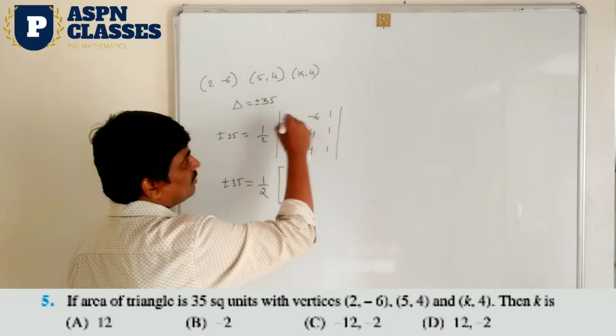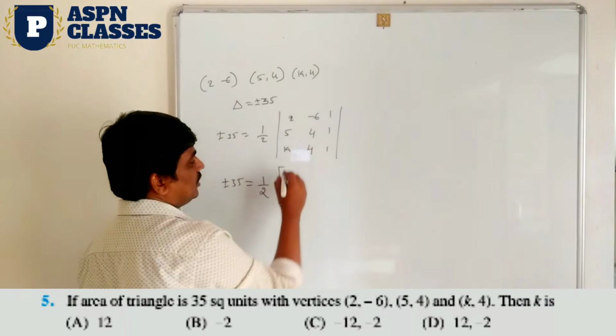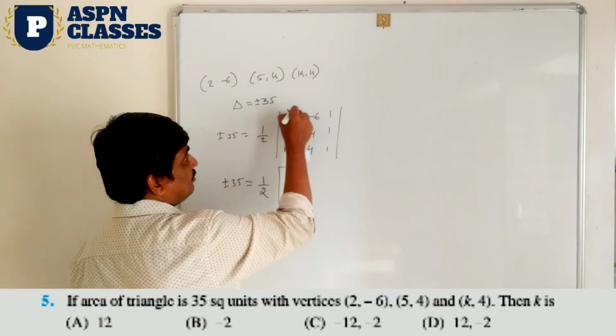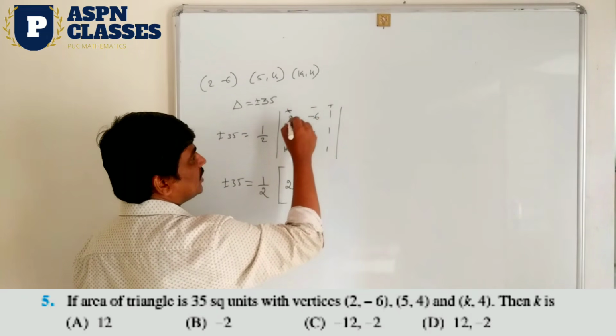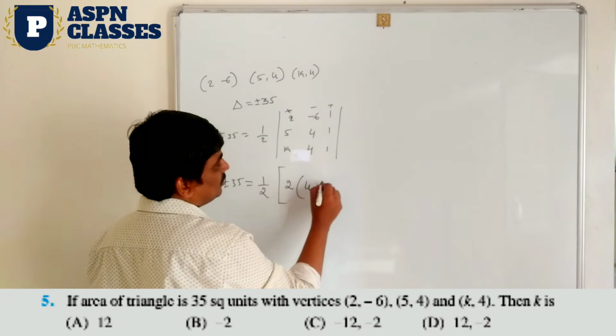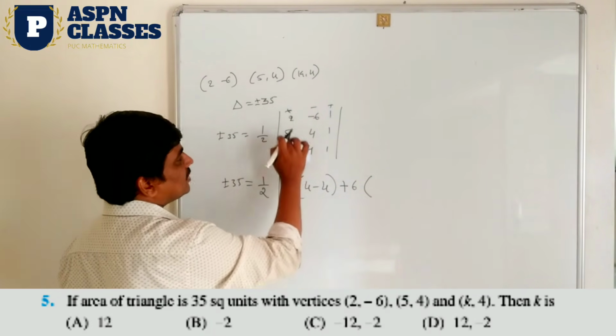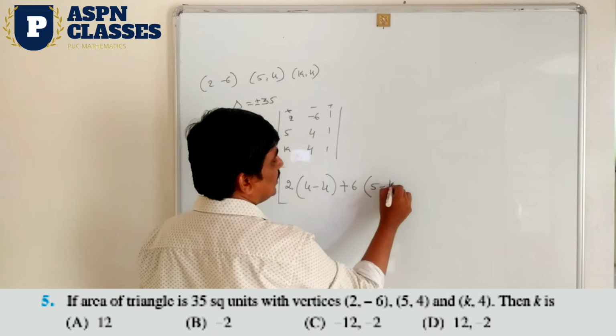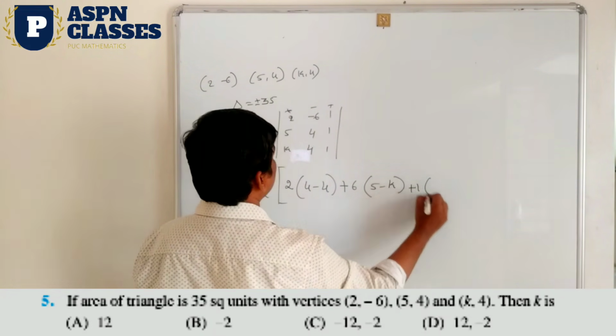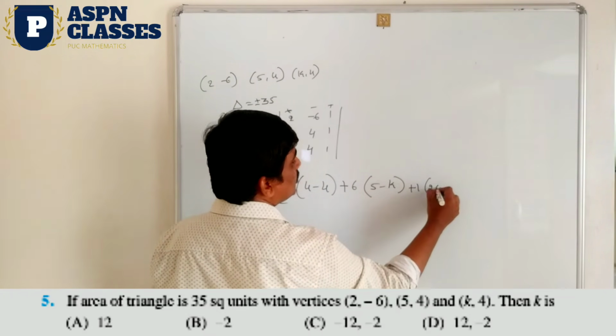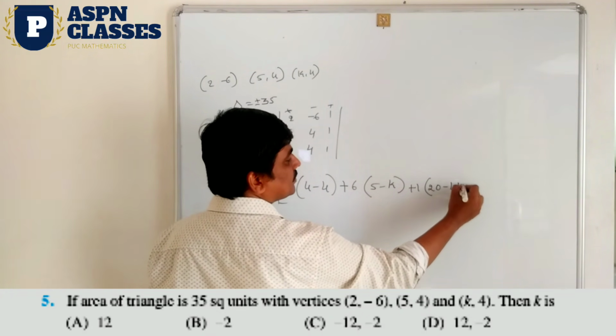Expansion along the first row only, take it here, 2 into what are the signs, plus or minus, a plus, correct? So 2 into bracket, 4 into 1 is 4, again 4, minus minus plus 6, so these two are cancelled, 5 into 1, 5 minus k, again plus 1 into bracket, 5 into 4 is 20, 4k.